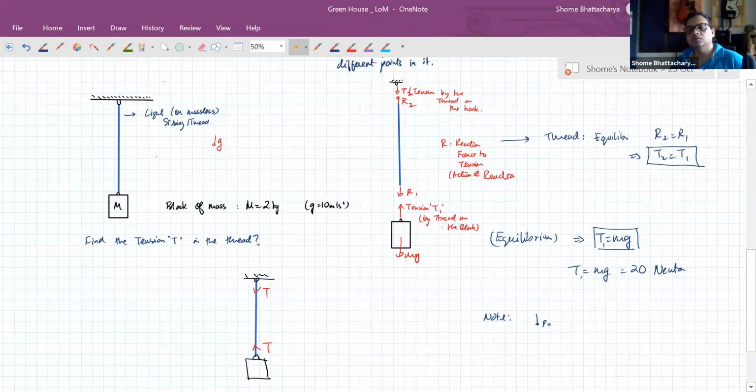R1 acting downwards on the thread, and T1 acting upwards on the block. This R1 and T1 are an action reaction pair.